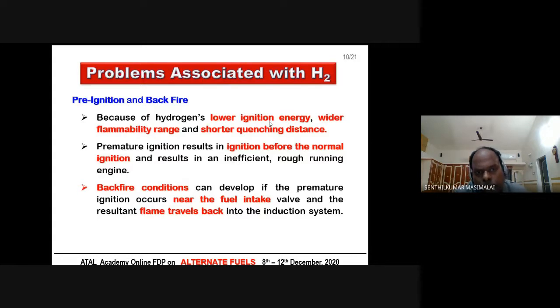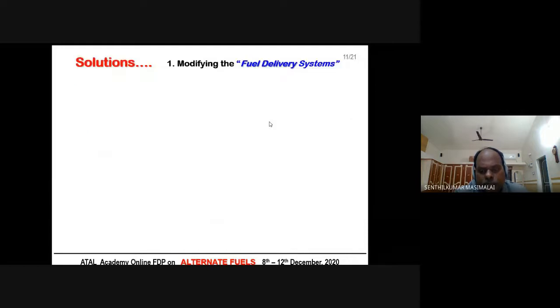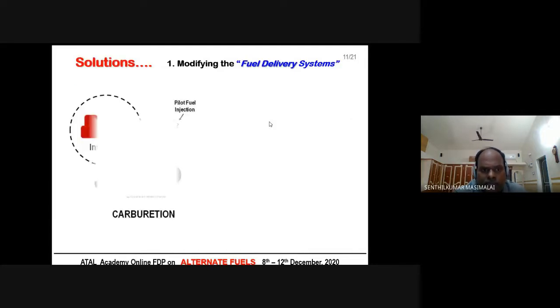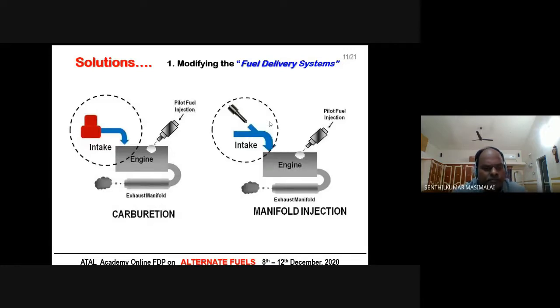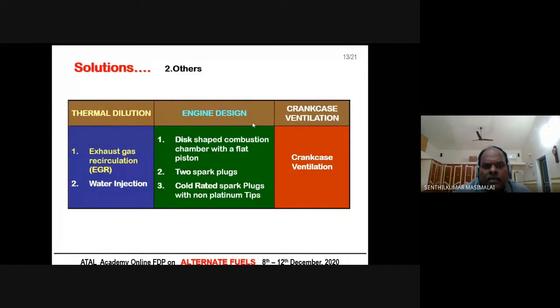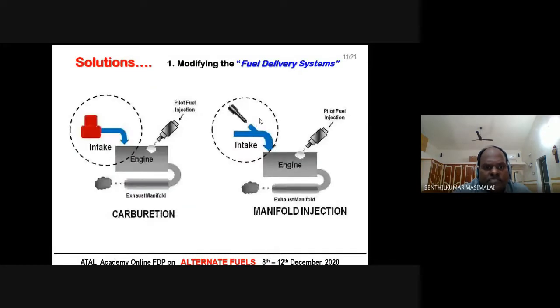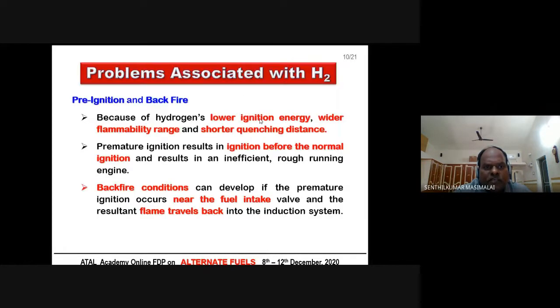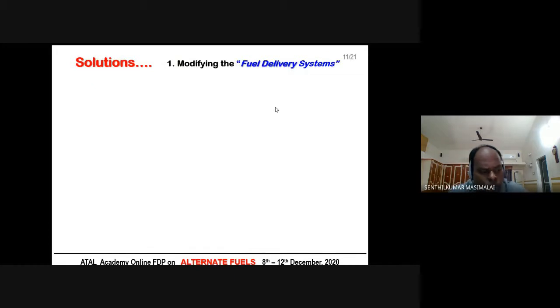Now, how to overcome the problems? In different ways, we can overcome the problem. There are different ways in which we can do modifications to control pre-ignition.